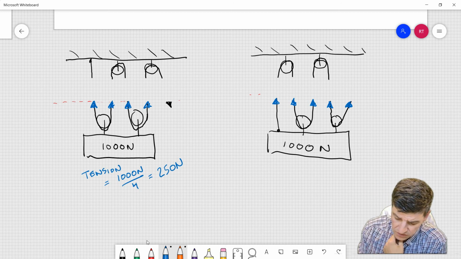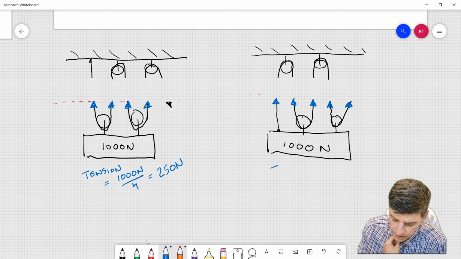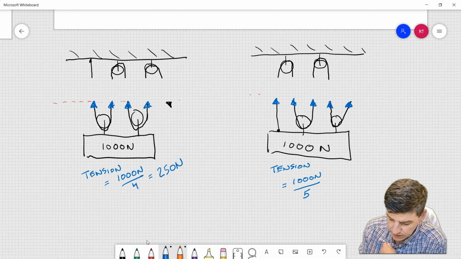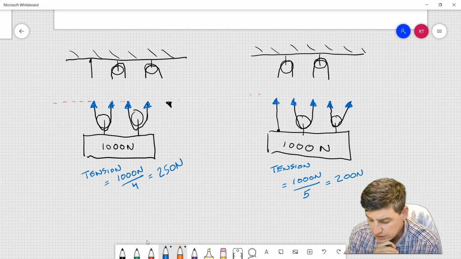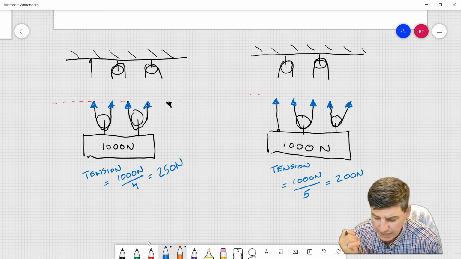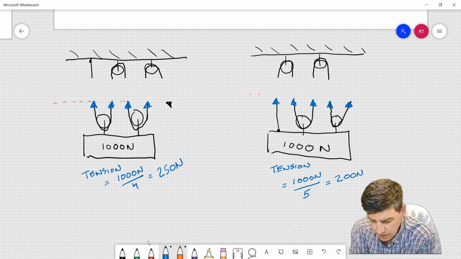So if I was to find my tension here, my tension is going to be the same 1,000 newtons that has to be shared by 5 strings, or 5 pieces of tension. And so I have 200 newtons as my tension. Okay, so the arrangement matters.